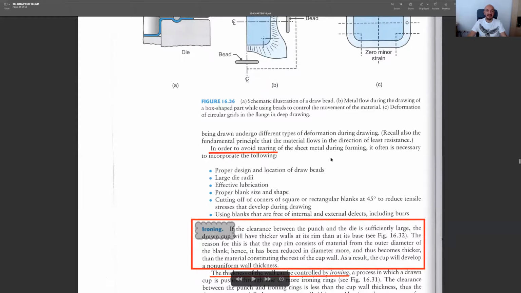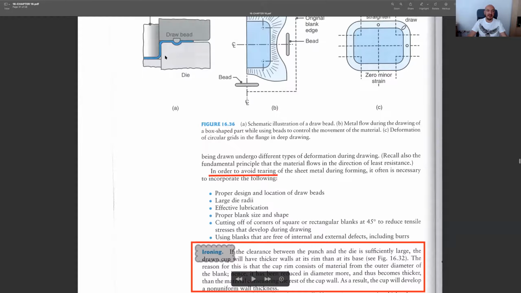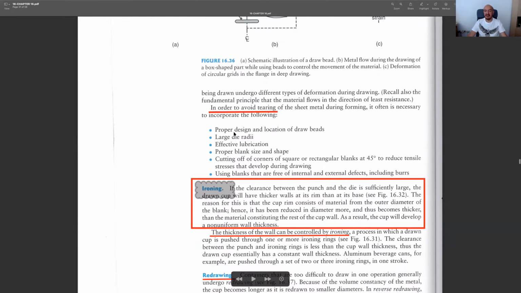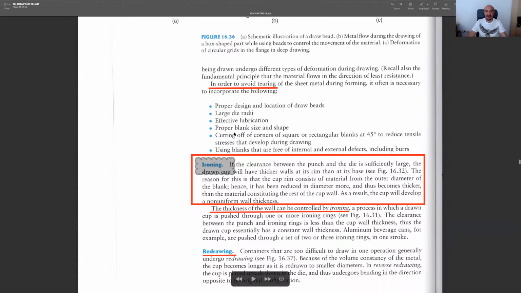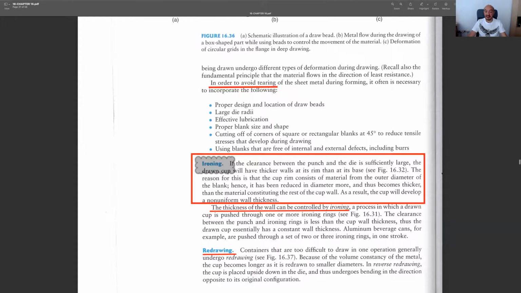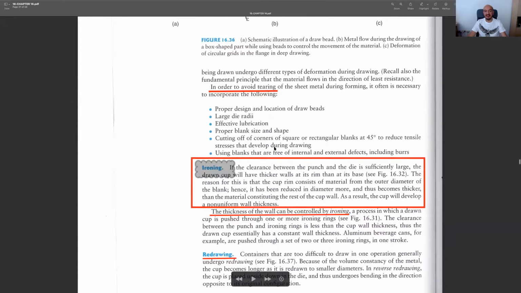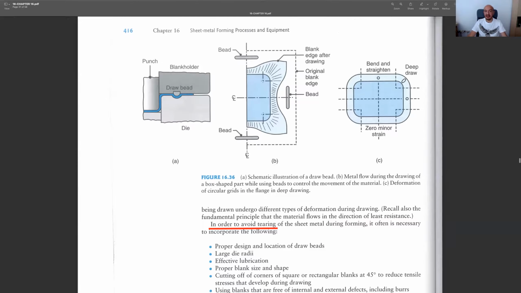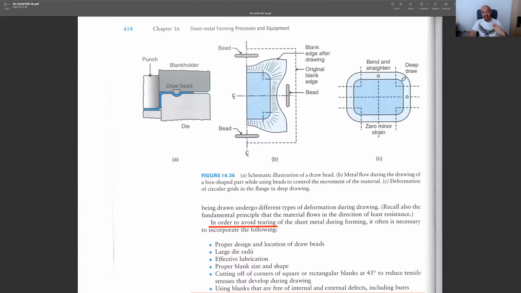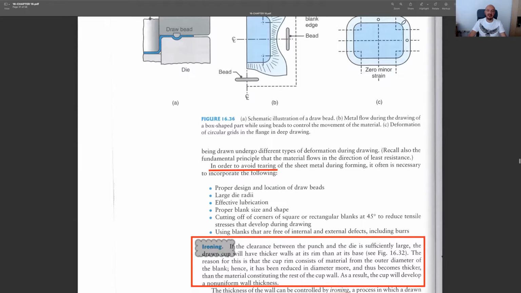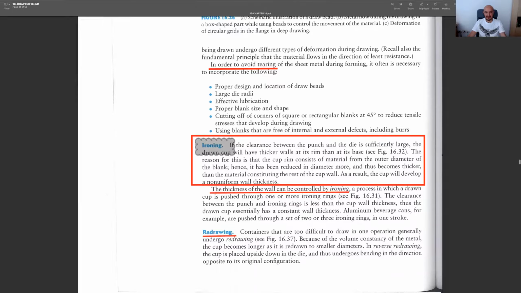It's better to have at least 45 degrees at these corners, and that will improve the quality of your resulting shape. And again, burrs are highly important. You should check your initial material so that there aren't any burrs. If you start the process with sheet metal having burrs, then you'll have difficulties.